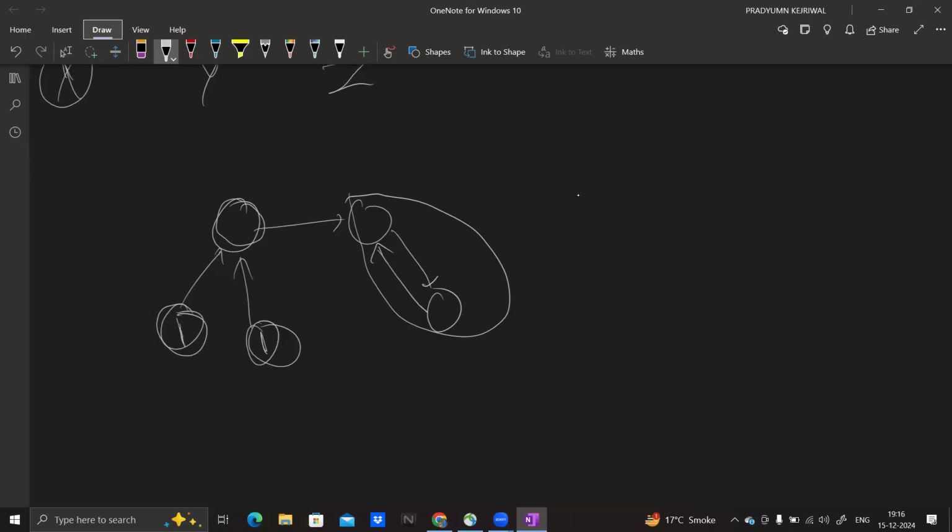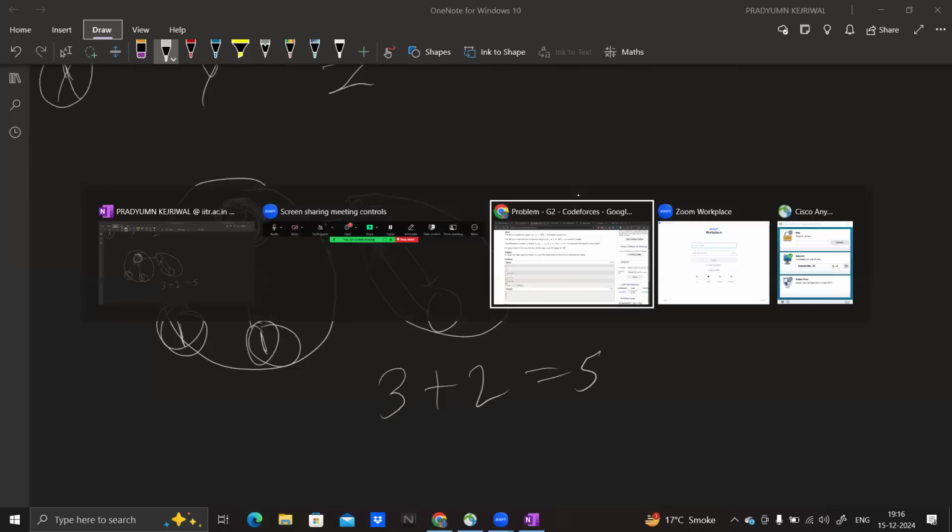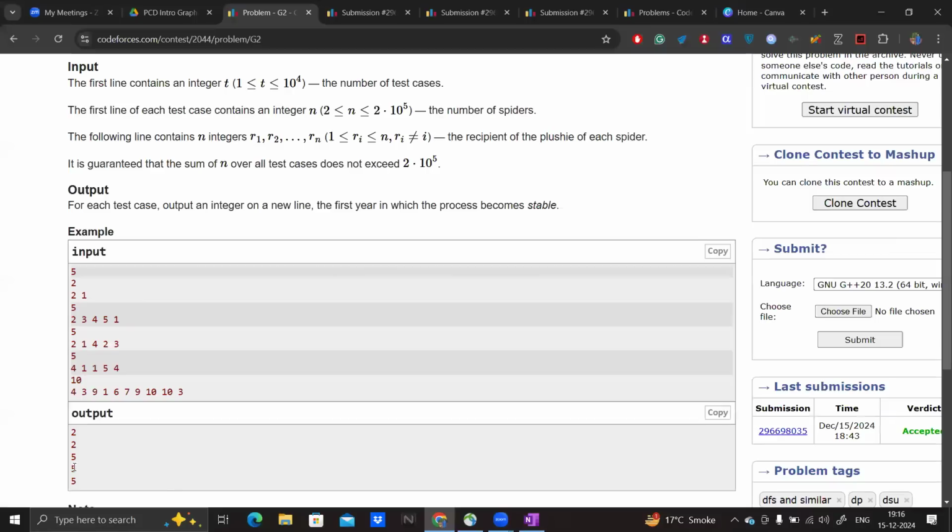So therefore dp of this will be 1 plus 1 plus 1, so it is 3. So this node is alive for 3 years. So I can just take the maximum of all these nodes. When does the last node die? That is the maximum of these nodes. So after the third year, every node dies, and plus 2 I'll do, like in the last one. So it is 5. The answer to this test case is also 5, right?